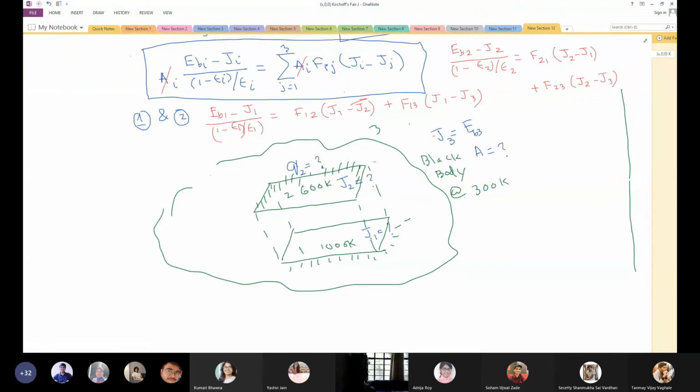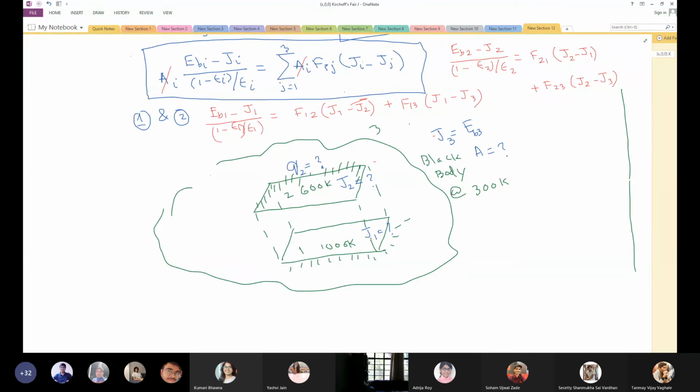Okay, so you should get these two equations. Since the temperatures are known, EB1 and EB2 are known. That's the emission from a black body at the temperature of surface 1, and at the temperature of surface 2. Emissivities of both surfaces are given, so the epsilons are known. So these equations can be solved once we know all the view factors.